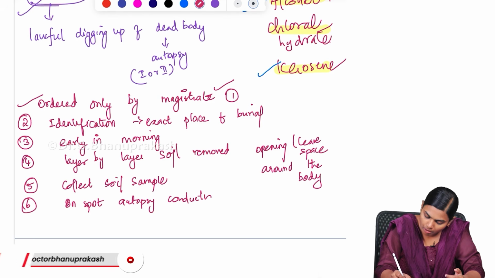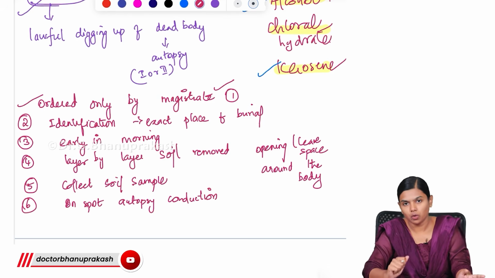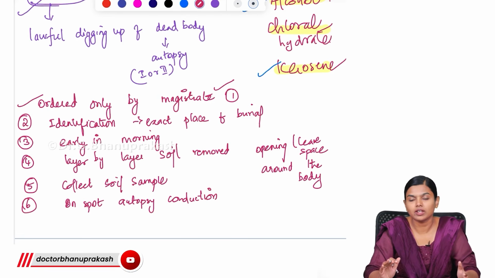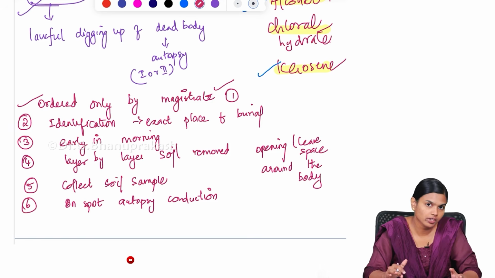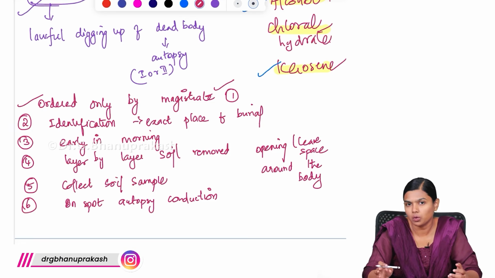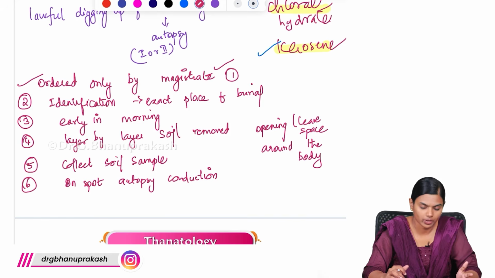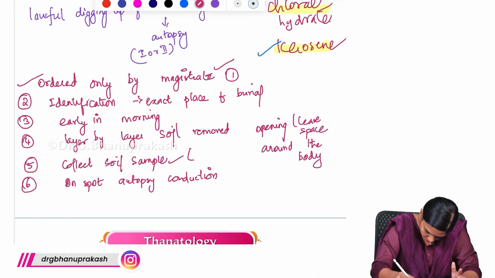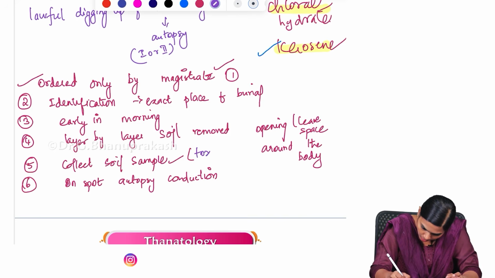Whatever part is available, if only bone is available, then you have to preserve bone. If the whole body is available, buried only a few days before and very fresh, in those kinds of cases you can do a complete autopsy. But if you are getting only bits and pieces of the body, or only bones, then you preserve whatever you have. And the main reason we are preserving soil is that we have to do toxicological analysis.